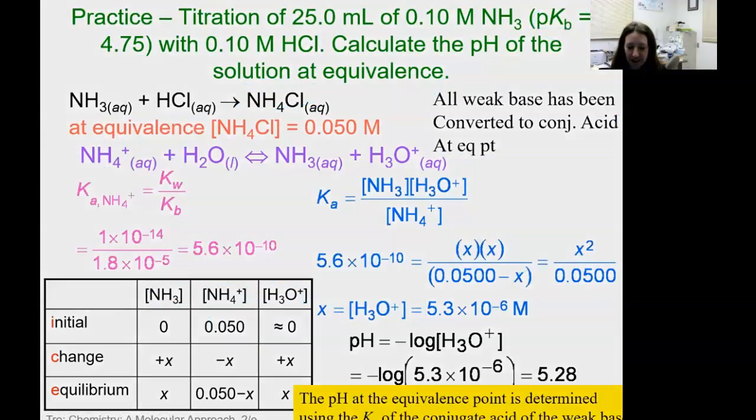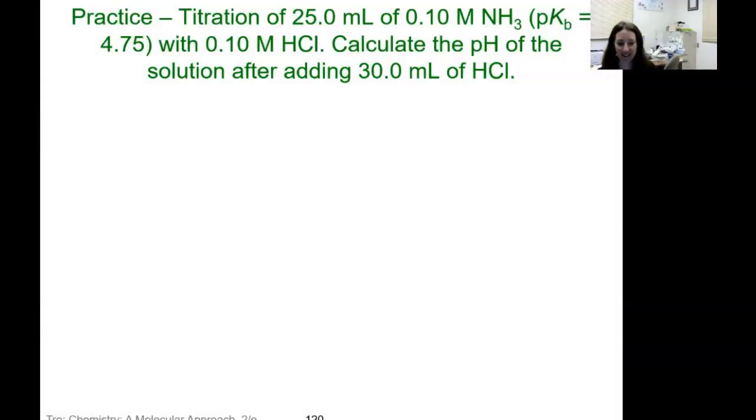What about after the equivalence point, right? So now we know from our last problem that 25 milliliters was the equivalence point. But let's say that this was a separate problem and we didn't know that we were at our equivalence point at 25 milliliters. How do we know we're beyond our equivalence point?